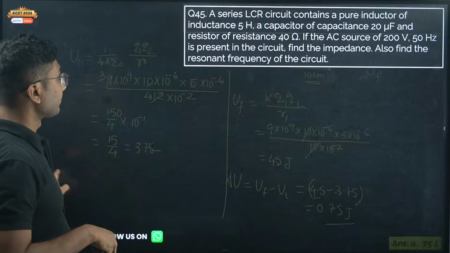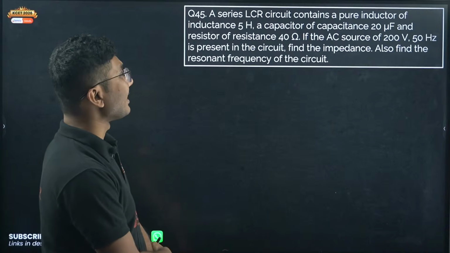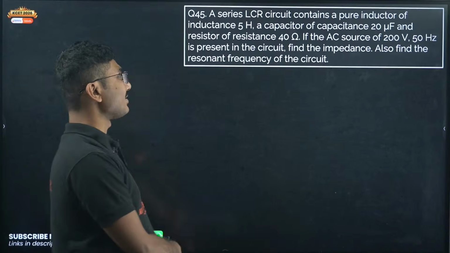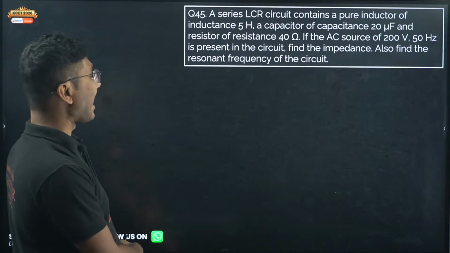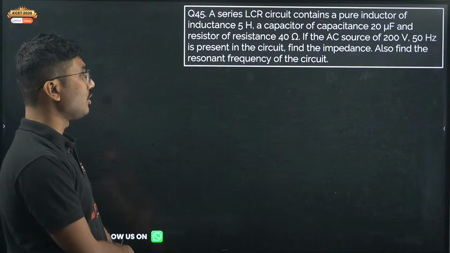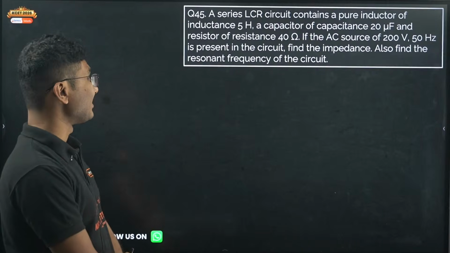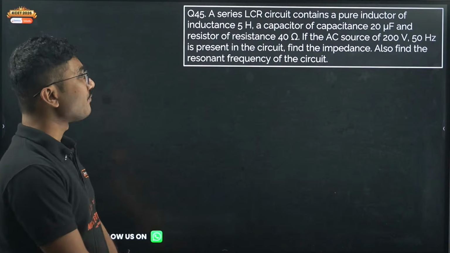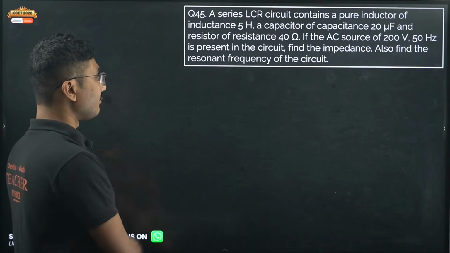Now, next, question 45. A series LCR circuit contains a pure inductor of inductance 5 Henry, a capacitor of capacitance 20 microfarad and a resistor of resistance 40 ohm. If the AC source of 200 volt 50 Hz is present in the circuit, find the impedance, also find the resonant frequency of the circuit.